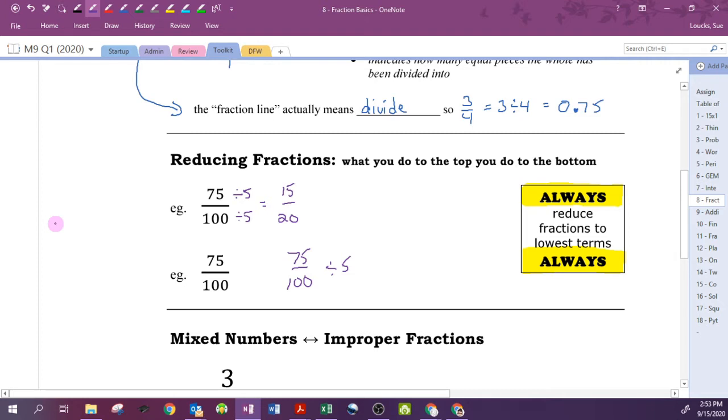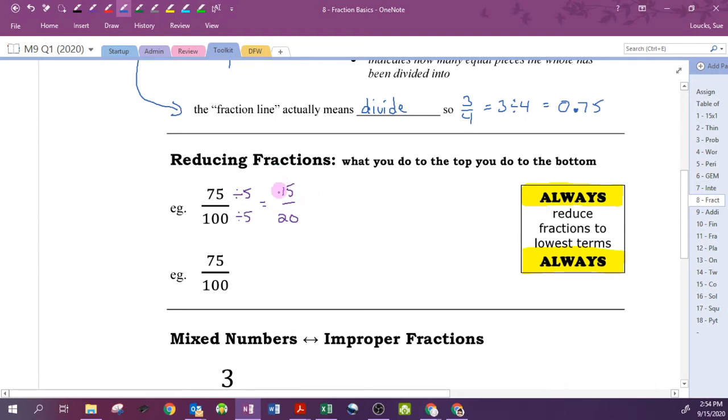But it's not what we're doing, because what we're doing is we're reducing the fraction, so we have to do the same thing to the top and the bottom. So one of those habits that I'm going to nag you about is that you don't write it like this, okay? You've got to write it the way I've got it up here, where you're showing that you're doing the same thing to the top and the bottom, okay?